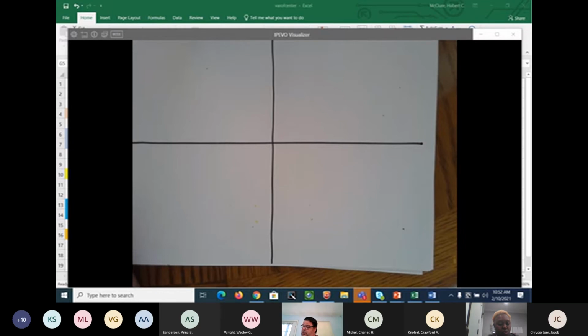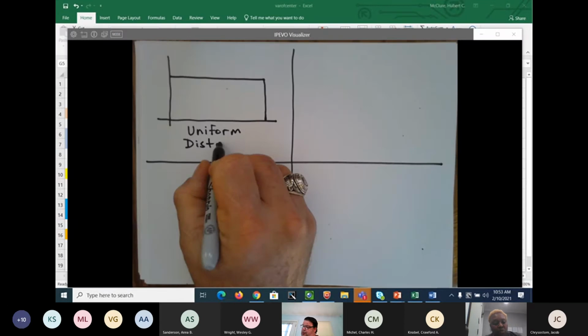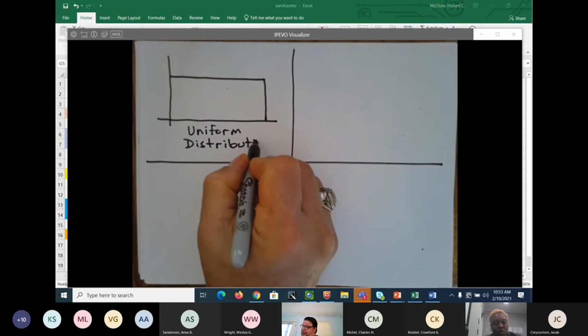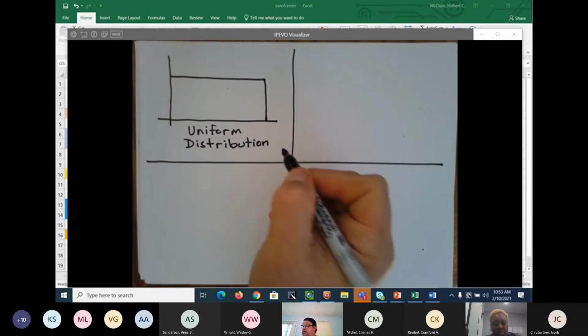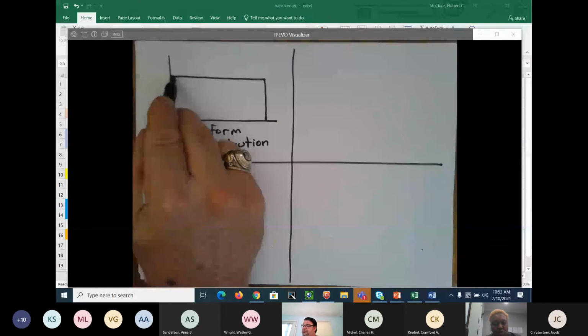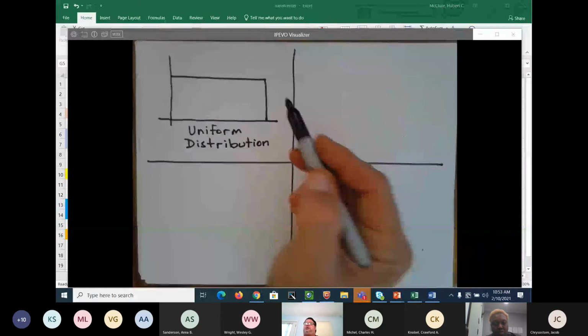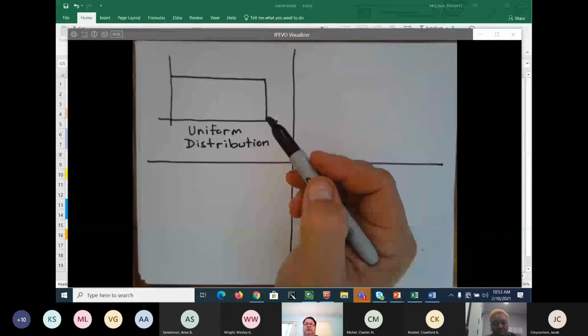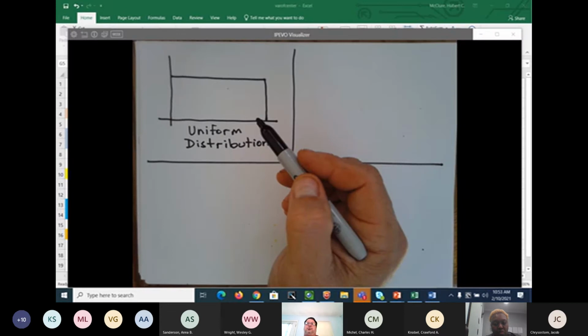distribution. Can somebody tell me where we would have uniform distribution where nothing moves? Nothing moves. In other words, there's no variation. It's very constant and nothing you can do changes it. Anybody?